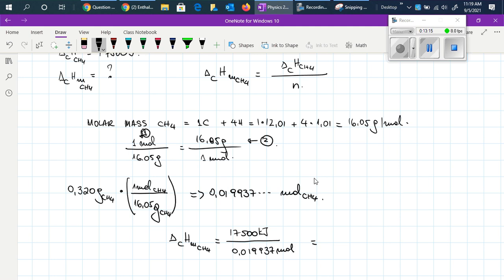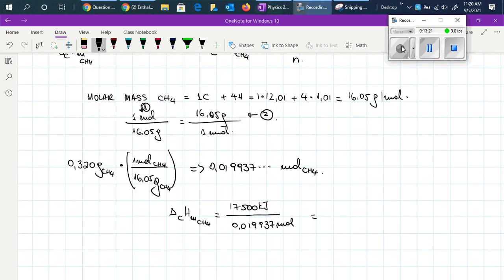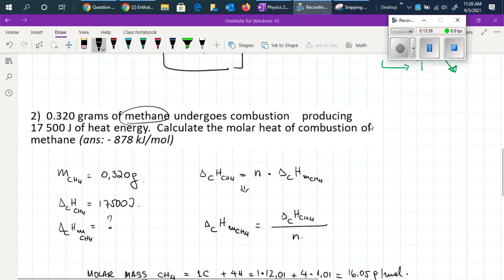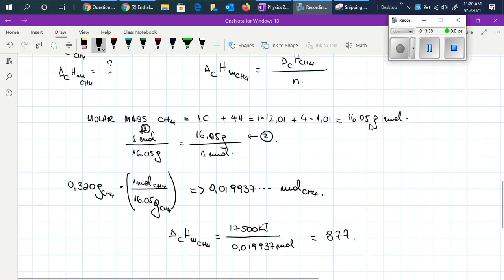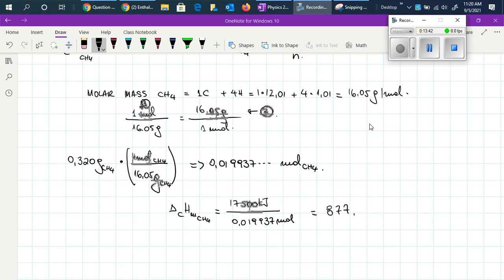Using the calculator, it gives you 877.734. This is joules, not kilojoules. This is 877,734.375 joules per mole of methane.